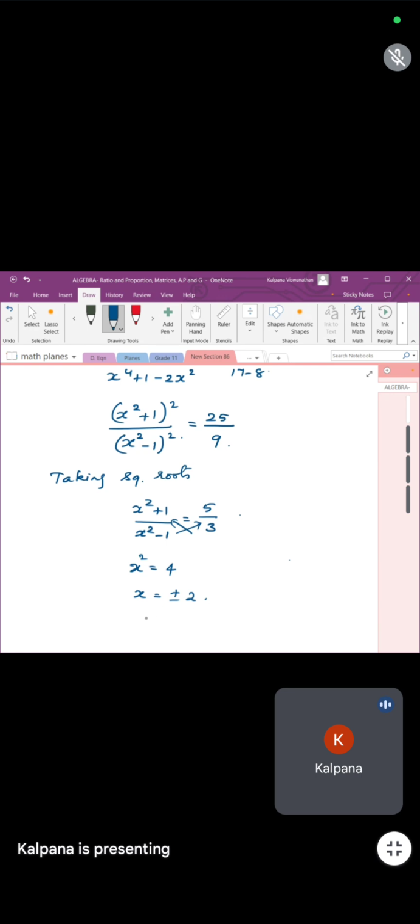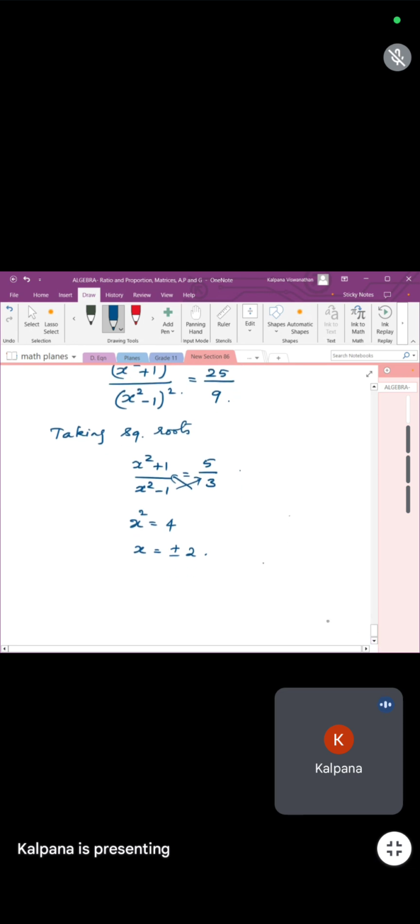The value of x is plus 2 and minus 2. Understood? You must know when we have to avoid negative values: when it comes under distance, area or speed, x will not take negative values. In this case, we can give both the values of x.